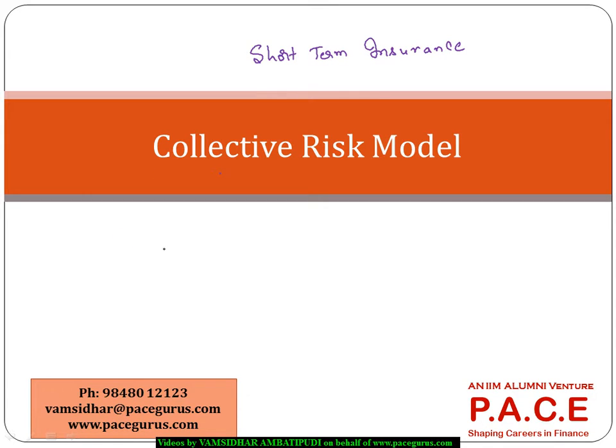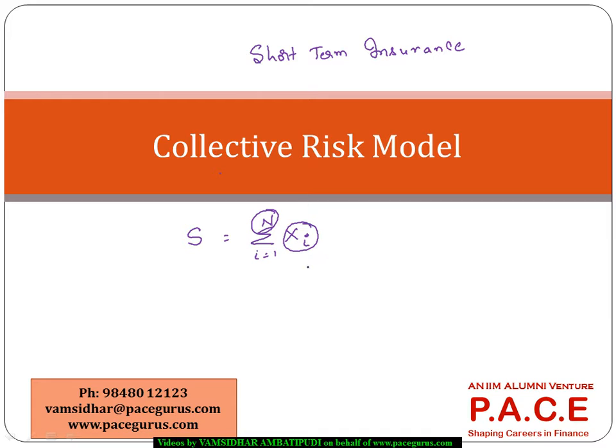Now, we know when we are talking about the aggregate claims, we have modeled it as the summation of n number of individual claim amounts, and this n itself is a random number, right? So n random number of claims, and for each claim xi being the claim amount for that ith claim.